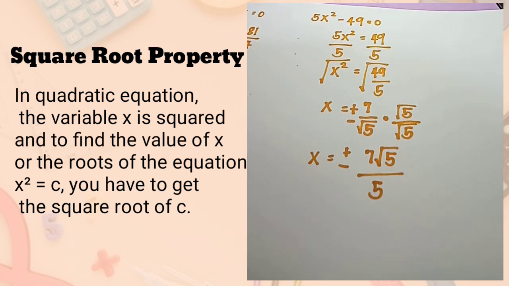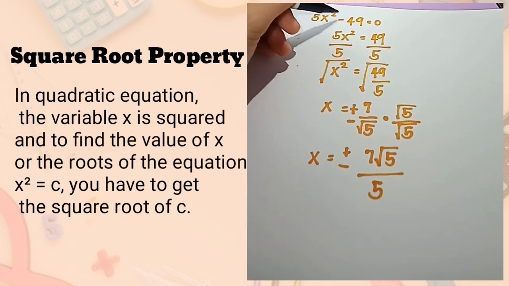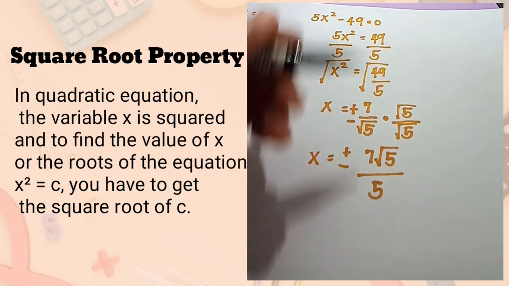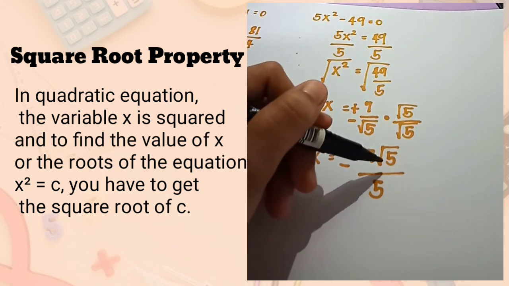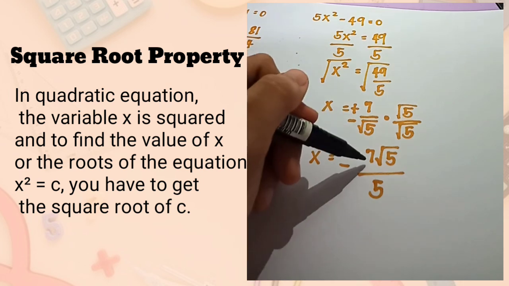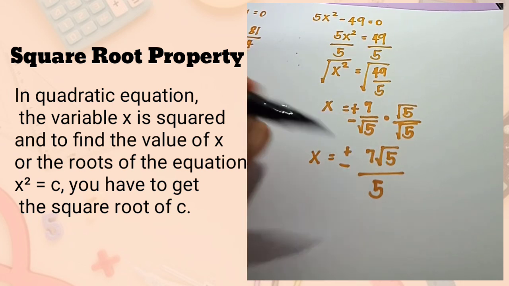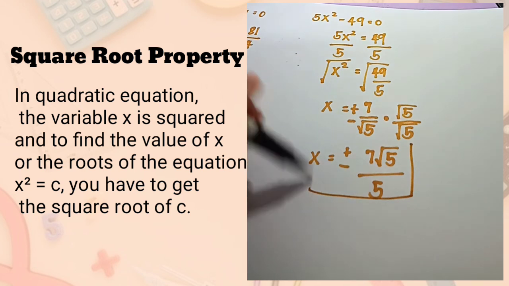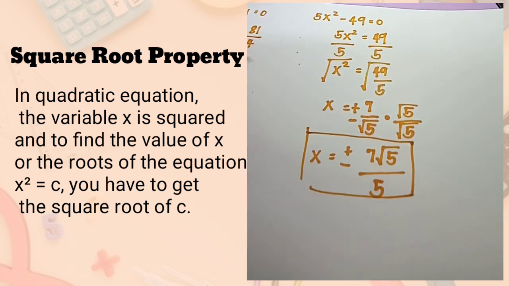Okay, kasi magkakaroon na tayo ng dalawang pag-multiply na magkaparehas na number. Okay, kaya ang ating roots of the quadratic equation given 5x squared minus 49 equals to 0 ay positive 7 square root of 5 over 5 and negative 7 square root of 5 over 5. So, this is our answer, or the value of roots.